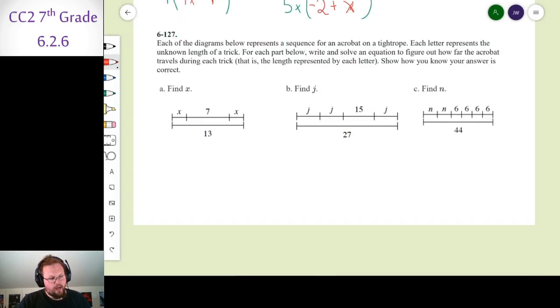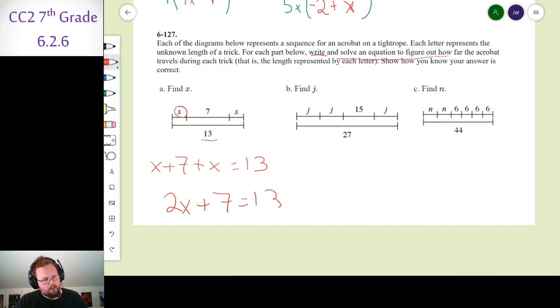Here I would like you to write and solve an equation. I know that you can guess your way through these, but the idea is that x plus 7 plus x totals 13. 2x plus 7 makes 13.